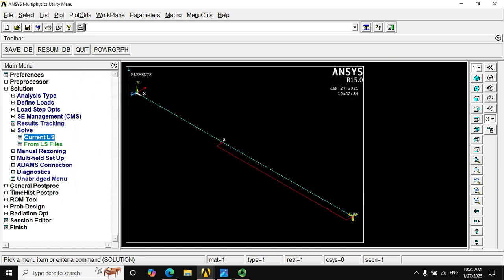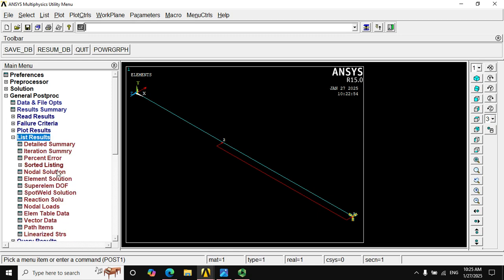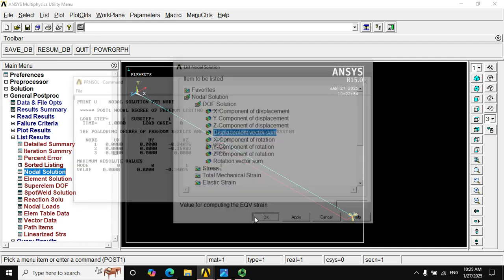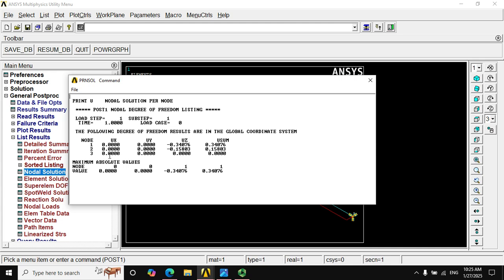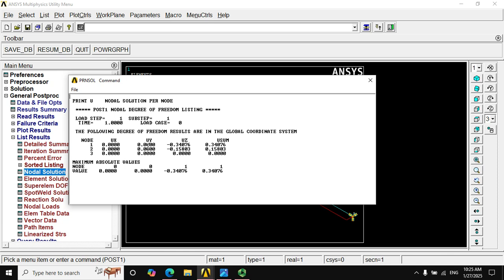Alright, so let's see the results. No, I'm sorry, here. List the results. Nodal solution. We want to look at displacements first. Okay, so node 1 is point A. Node 1 has moved negative 0.34076, and we have the result here for that one.